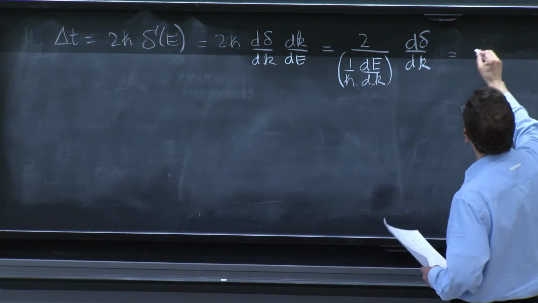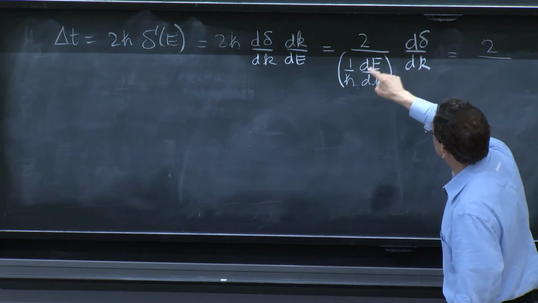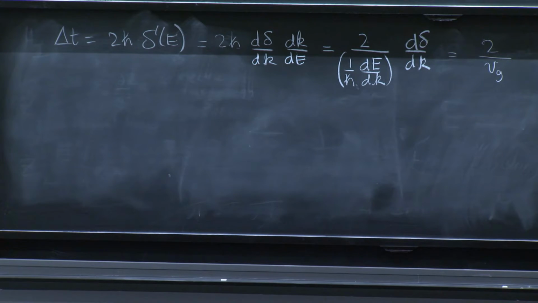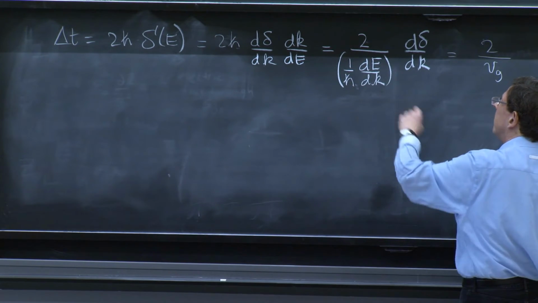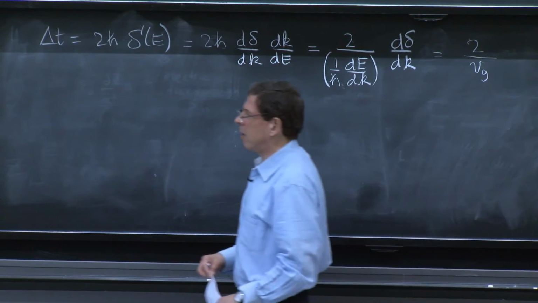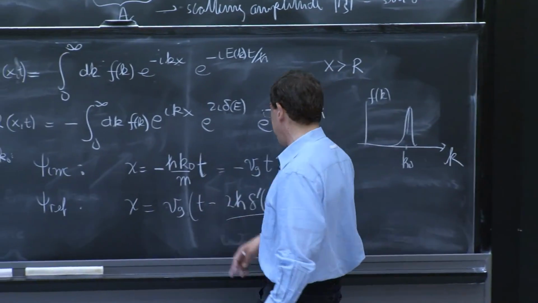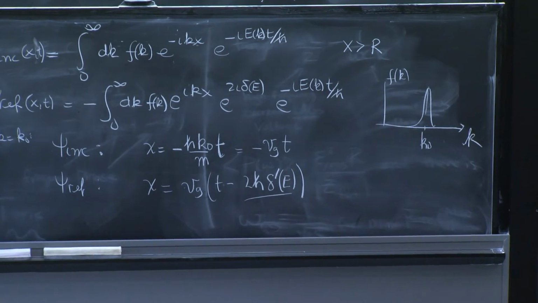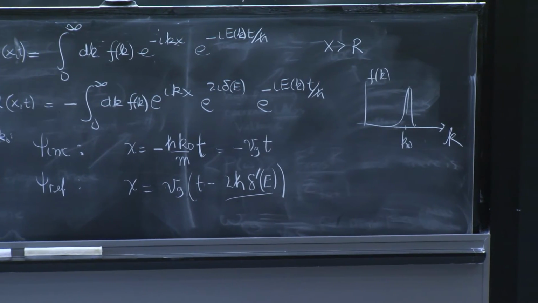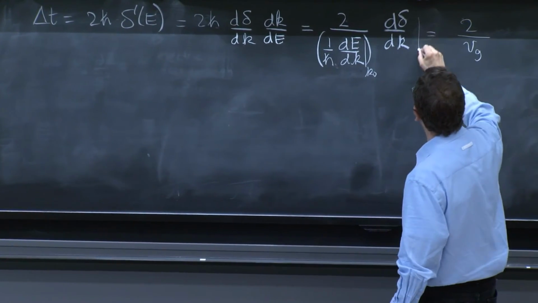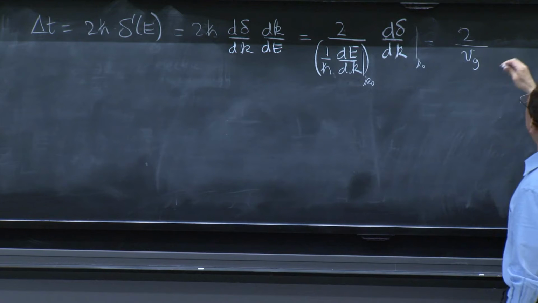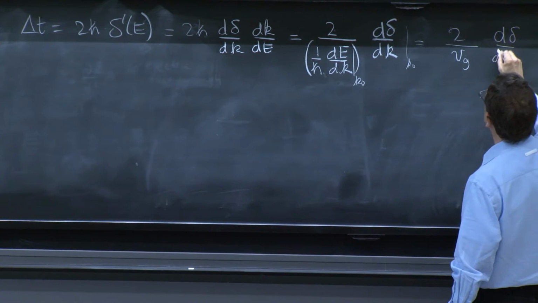And here we recognize that this is nothing else than the group velocity we were talking about before. The energy E is h squared k squared over 2m. You differentiate, divide by h bar, and it gives you the group velocity h k naught over m, because these derivatives all have to be evaluated at k naught. So this derivative is really evaluated at k naught. This is also evaluated at k naught. So this is the group velocity times d delta dk.